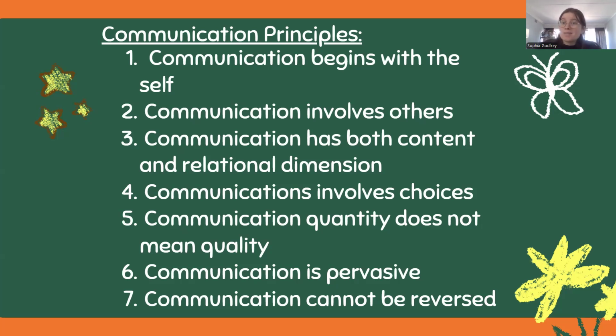I would have done it, but now that you're telling me, why don't you do it? But if your manager does, the relational dimension is different, right? Then you're like, okay, I need to be doing this. So the content can be the same, but the dimension of the relationship changes what that meaning is.